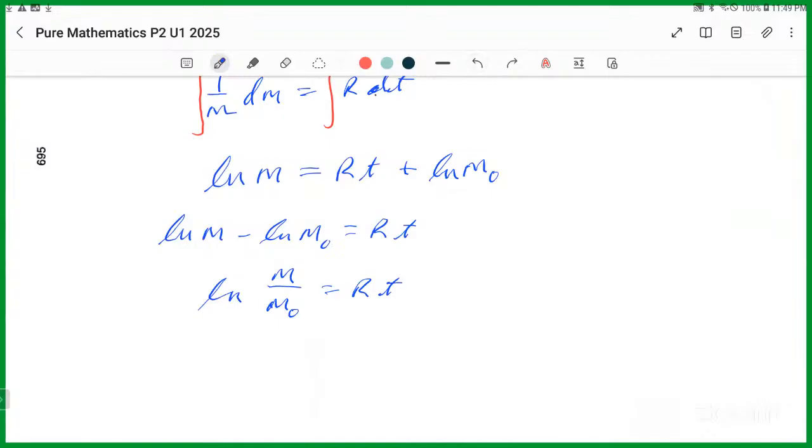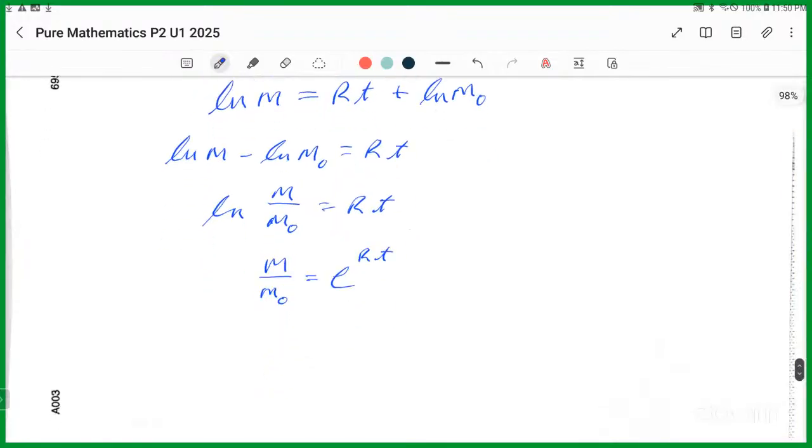The mass over the starting mass becomes e to the rt, which means that the mass at any time is the starting mass times e to the rt. This is the mass that the question asks us to find out, the starting mass, the mass when t equals 0.